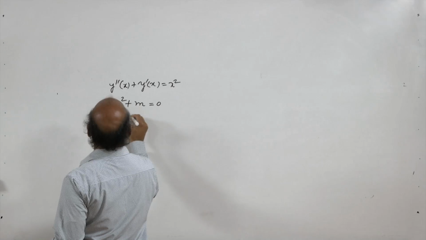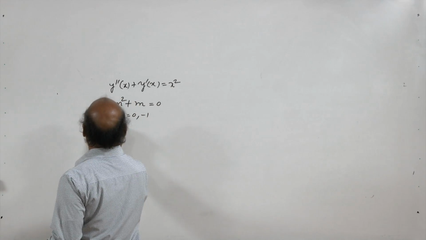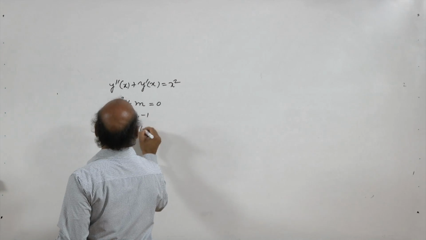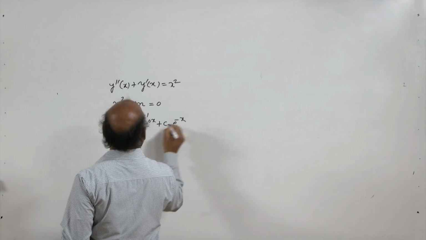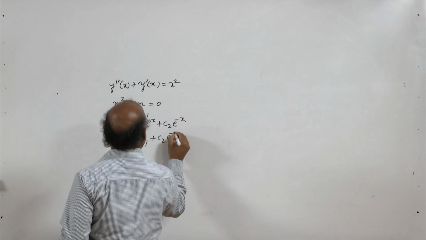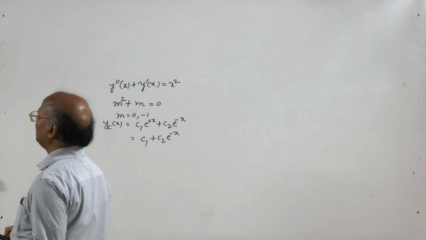So m equal to 0 and minus 1, and therefore the complementary function yc(x) is equal to c1 e to the power 0x plus c2 e to the power minus x, or we can say c1 plus c2 e to the power minus x. Now let us look at the table.